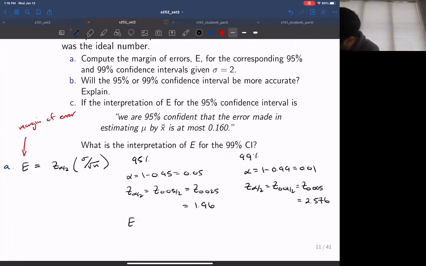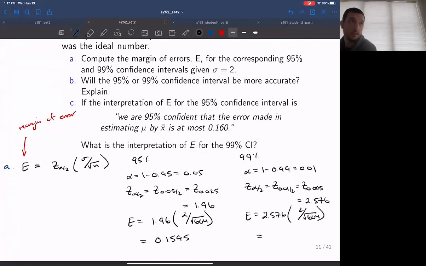So in the case of the 95% interval, we'll have 1.96 multiplied by 2 divided by the square root of 604. And this is going to give us 0.1595. And then for the 99% interval, we'll now have 2.576 multiplied by 2 divided by the square root of 604.